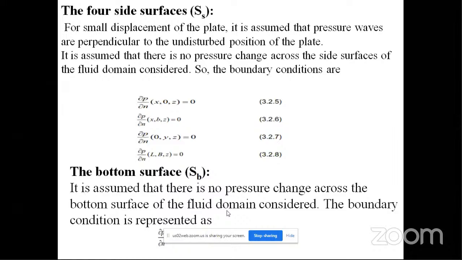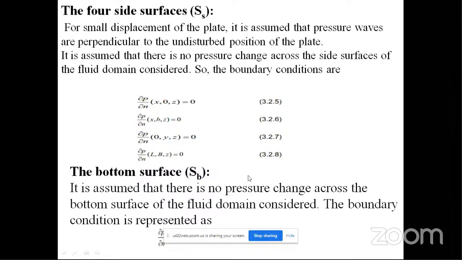So del P by del N equals 0 along the different sides, you see. Del P by del N is 0, and again here Y is 0, X, B, Z, that is the one width, the other one is L, B, Z, X, Y, and height is Z.